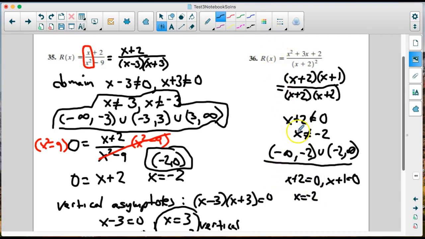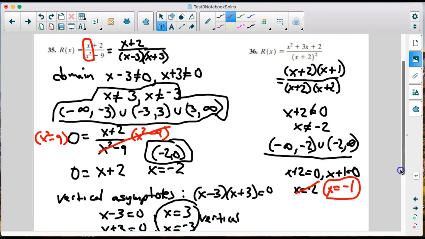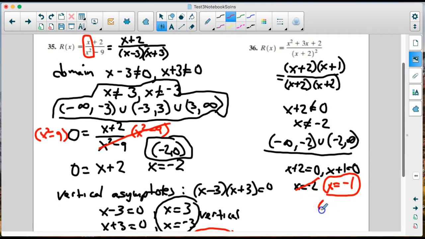We already stated that, so that is not a zero because it's not in the domain. The second one, x equals negative 1, is our zero that is in the domain. So our zero in this case is negative 1 comma 0.